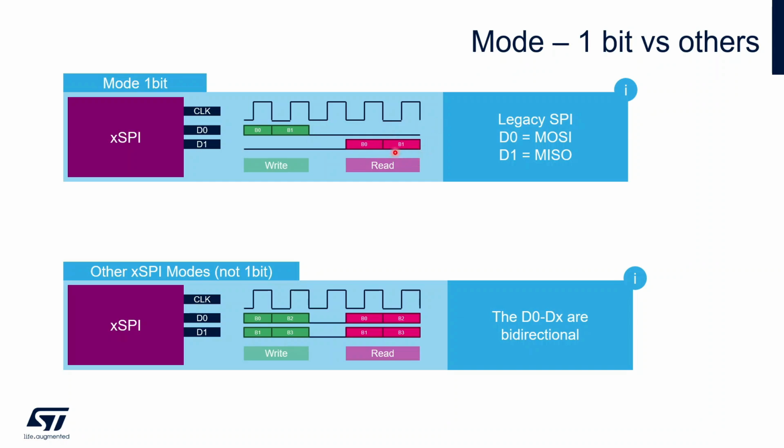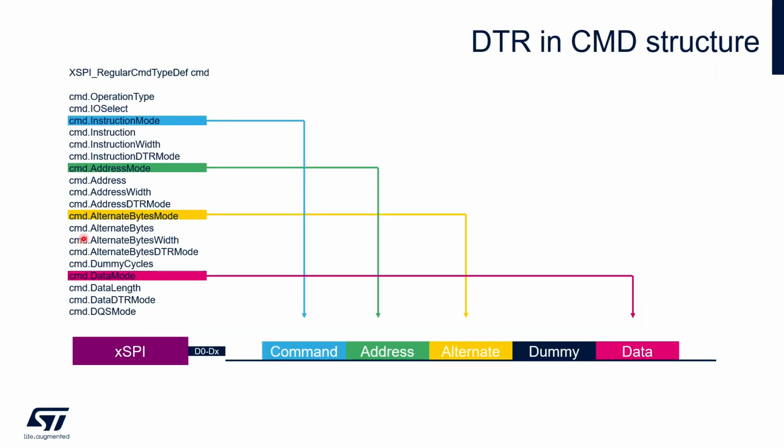In case you select dual, quad, octo, or hexa, the data pins are bidirectional. So the same pins are used for sending the data and for receiving data. We can select the mode for the instruction phase, for the address phase, for the alternate byte phase, and for the data phase.